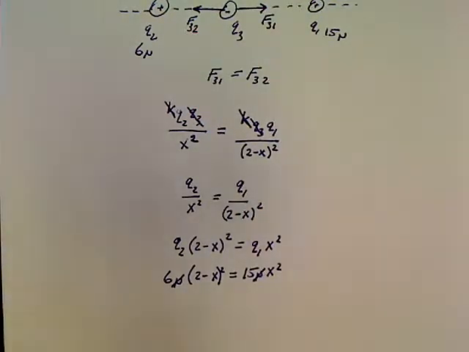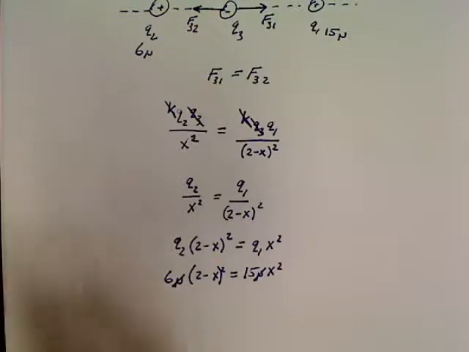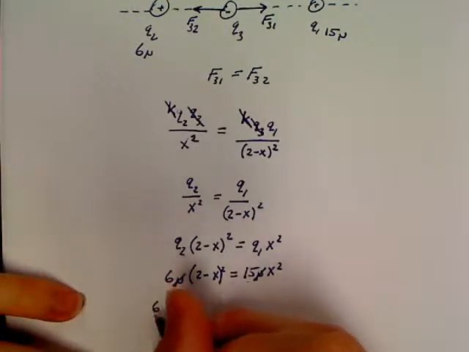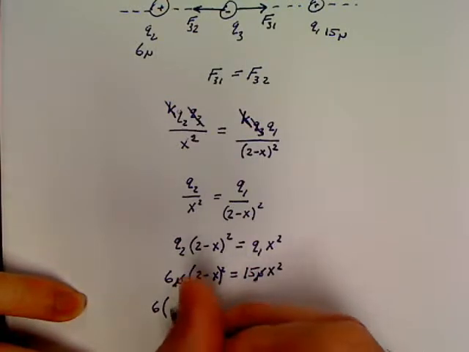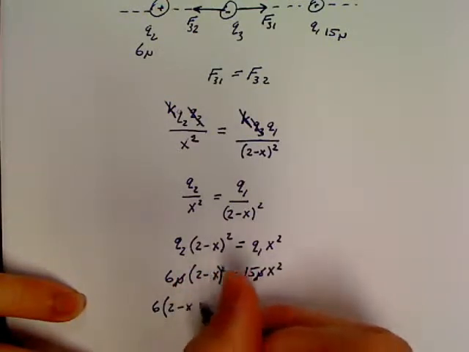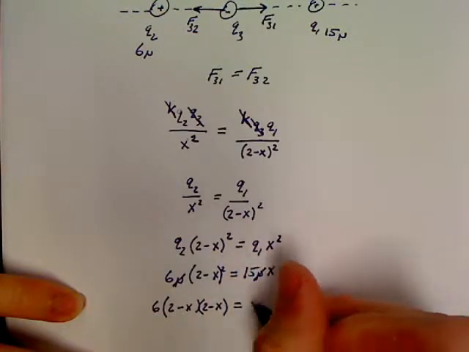So that's simplified this down now to just 6 and 15. Now we're going to have to foil this out. So this is going to be 6 times, let's foil this square, 2 minus x times 2 minus x, equals 15 x squared.